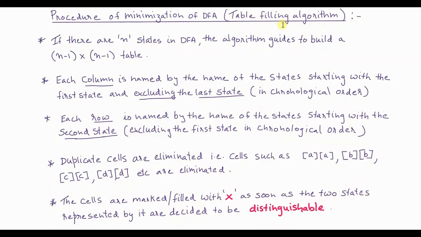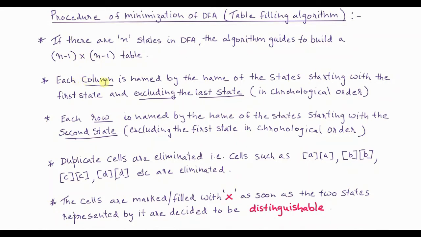The algorithm allows you to create a table, and as it continues, we will be marking cells of this table with X. The very first thing to note is that if n is 5, that means there are 5 states in the DFA, then the table will be 4 by 4, n-1 by n-1.